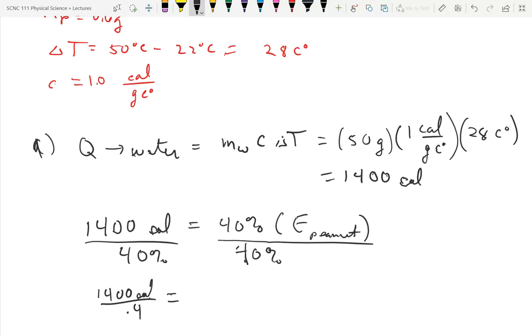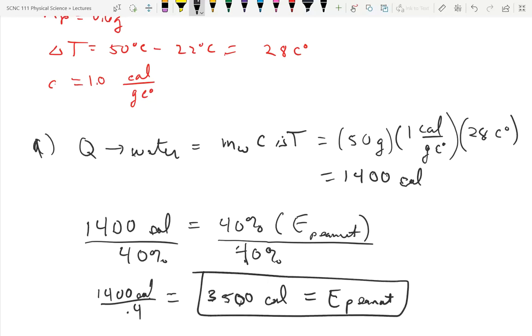So 1,400 times 5 is 7,000. Then you have to divide the 7,000 by 2, which gives you 3,500. So 3,500 calories is equal to the energy in the peanut. So that's what it asked us to determine for part B.